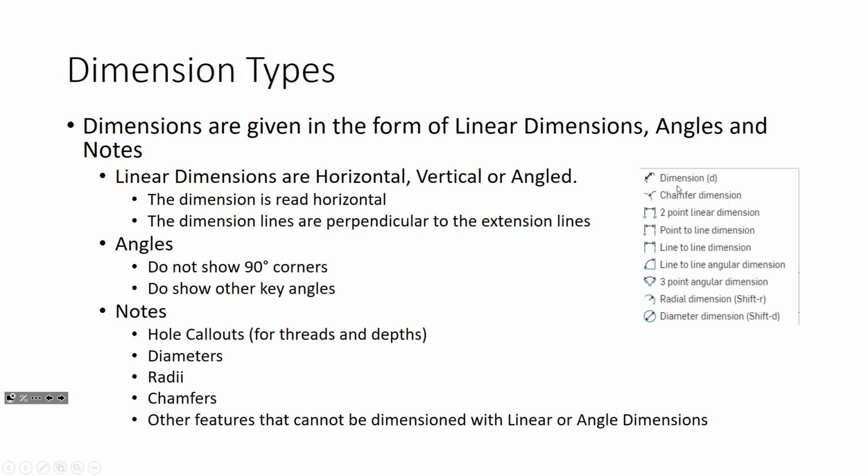Usually the dimension tool is going to try its best to pick what it thinks you want. But if you want to force it, there are other options that you can add in. You can add in your own diameter dimension, or you can tell it that you want a point to line dimension. So you can kind of force it to do what you want. Or you can do the dimension tool and just see if it gets it right on its own.